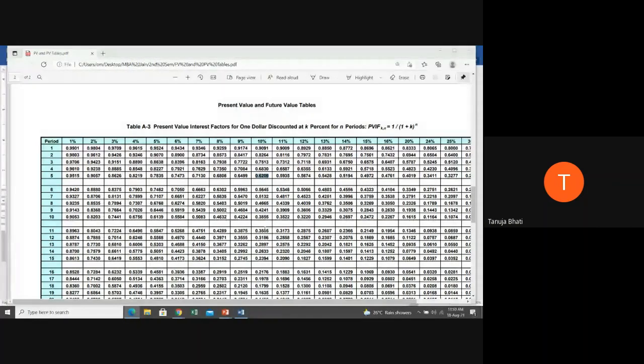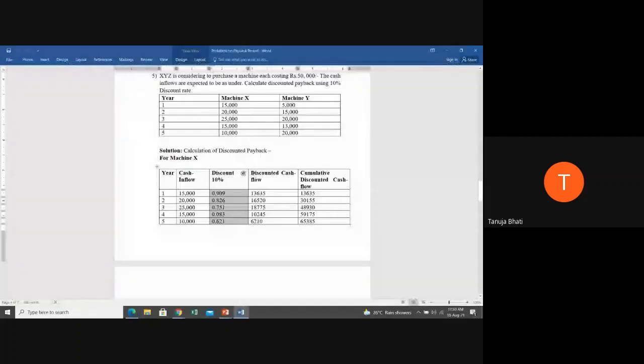Okay. Next, I have to find out the discounted cash flow. So can anyone tell me how did I derive this discounted cash flow?